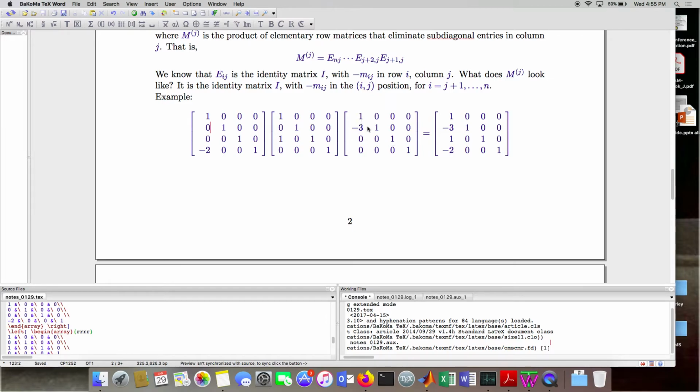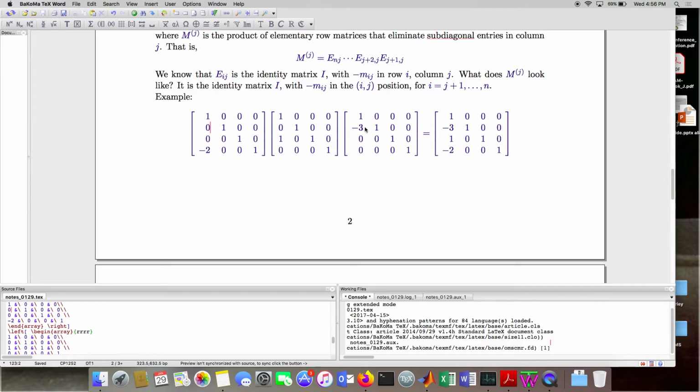This works on the 2-1 entry, this works on the 3-1 entry, this works on the 4-1 entry. So this operation first, then this and this, because we're always multiplying on the left to stack these row operations, or to have an accumulation. So the product of all 3 of these matrices just turned out to be this right here. We don't have to go through carrying out the multiplication.